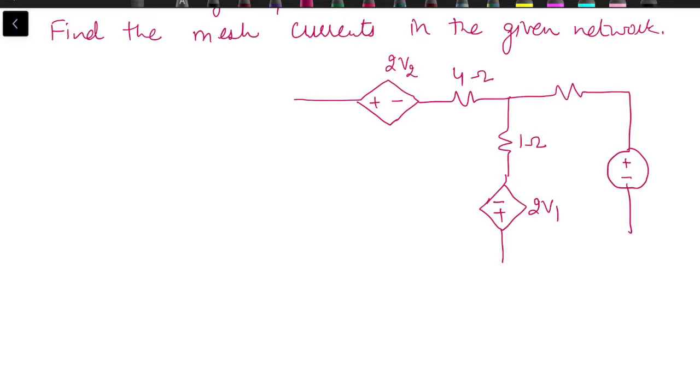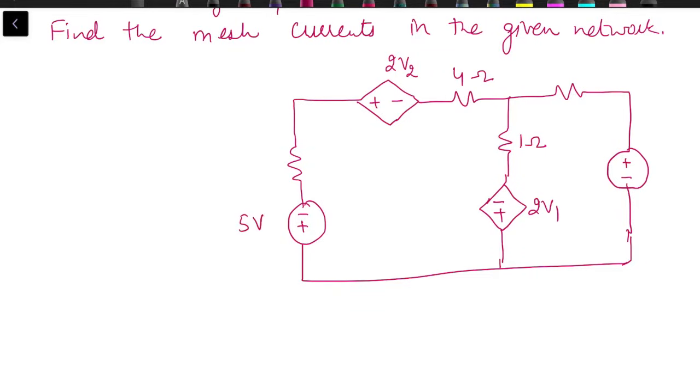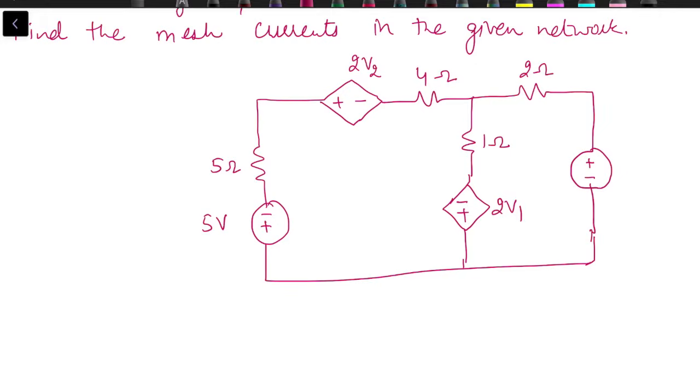We have two voltage sources, both are voltage dependent voltage sources. 5 volt source, 5 ohm resistance, 2 ohm, plus 10 volt.